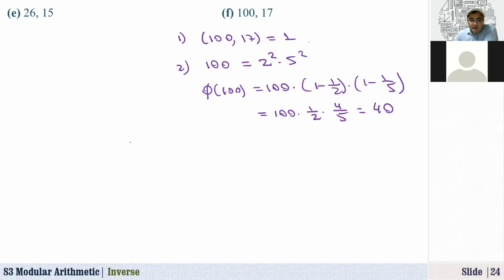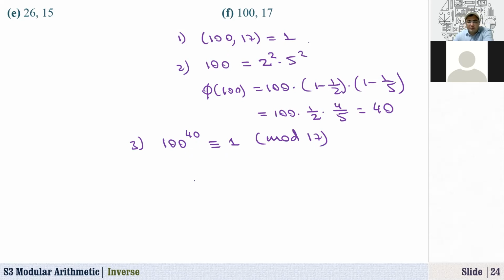So number 3, now we need to find the inverse. Here we have 100, so 100 to the power of 40 is congruent to 1 mod 17. That means if you divide 100 to the power of 40 by 17, the remainder is 1.